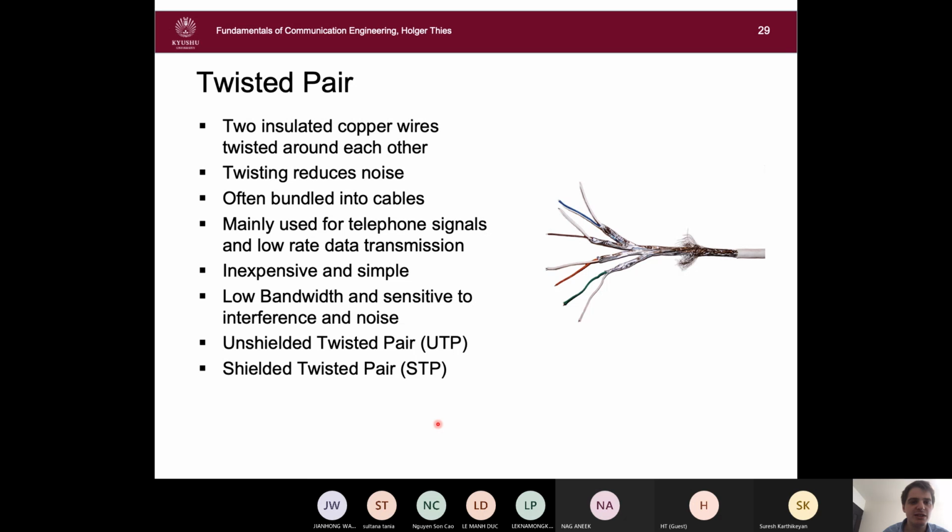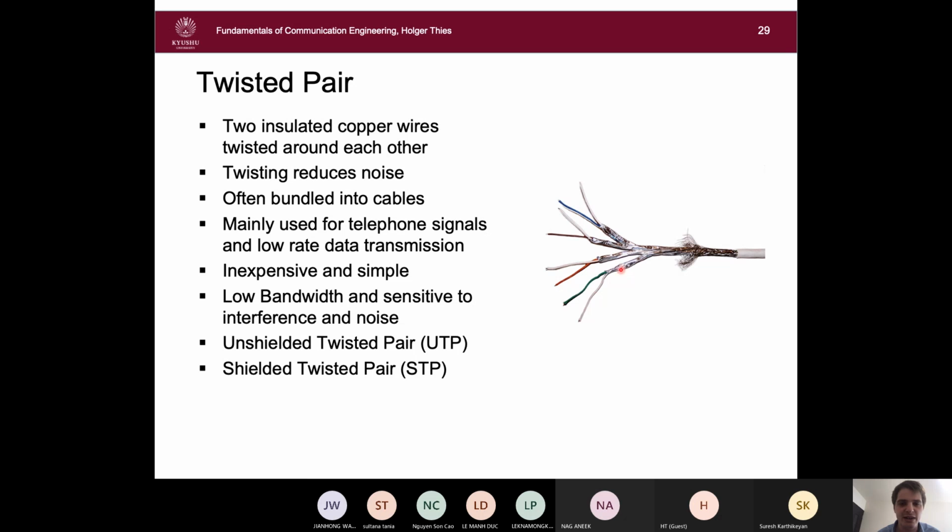Okay, so what are those? Let's first look at what kind of media is used for wired communication. The easiest one is the twisted pair cable, which is used for bidirectional communication.